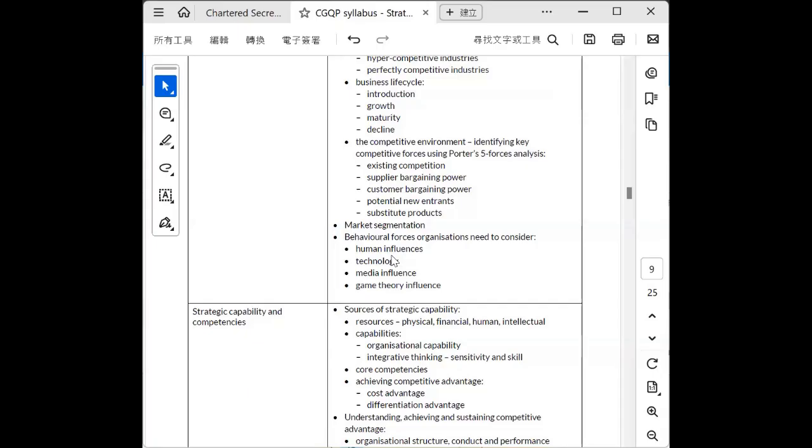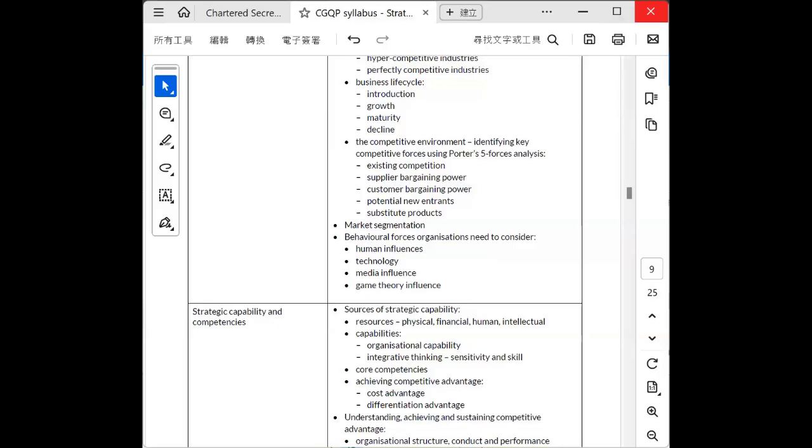Media influence will shape brand perceptions, customer trends, public sentiment, that sort of thing. And game theory influence refers to strategic decision making based on anticipating competitors' moves, pricing wars, product launches, etc.